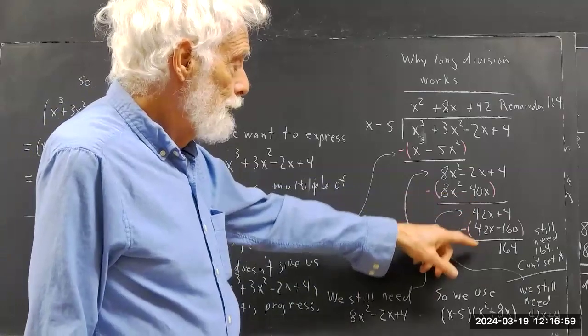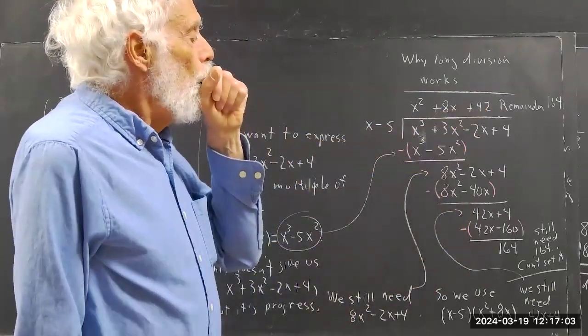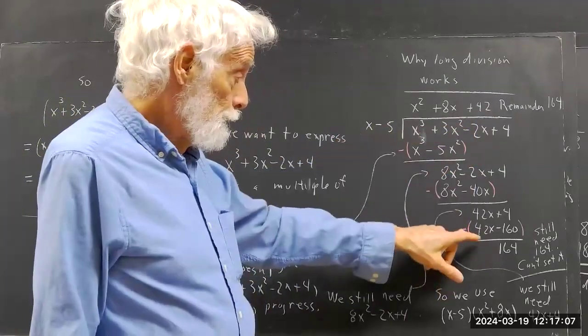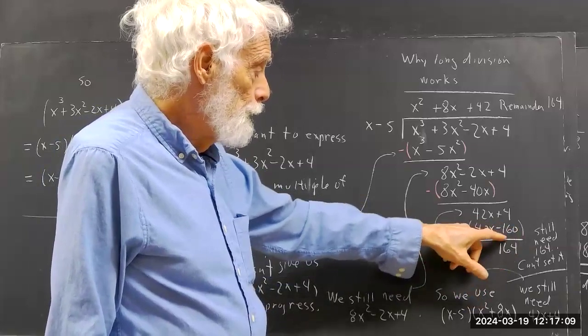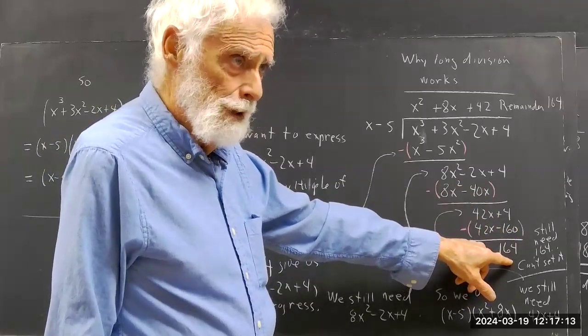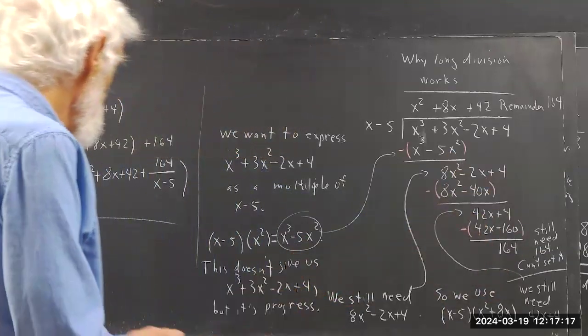In order to get at least a 42x, we're going to need a 42. And 42 times x minus 5 gives us this. We subtract this from this, we're left with 164 that we can't get otherwise. Okay. So there's a little bit to it.